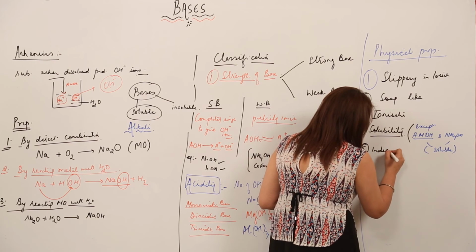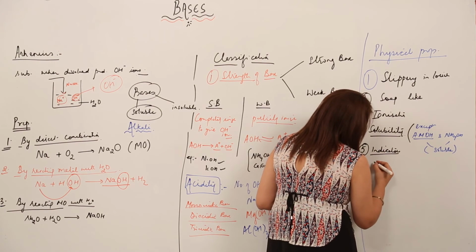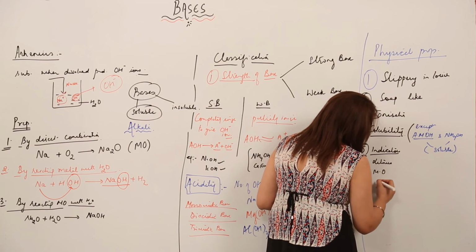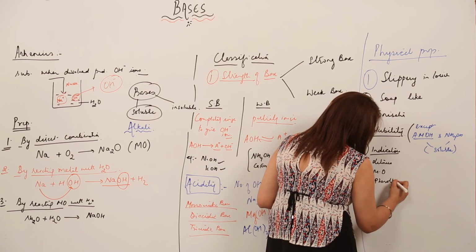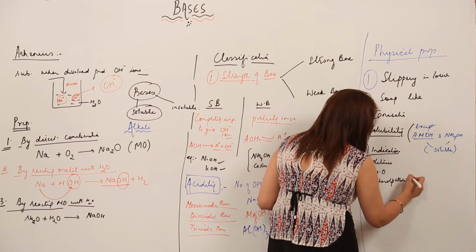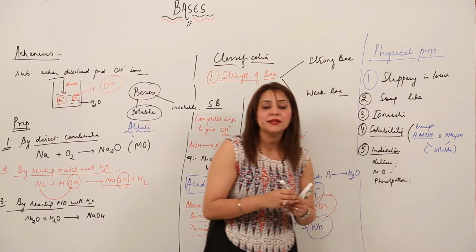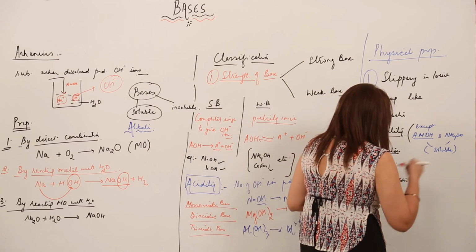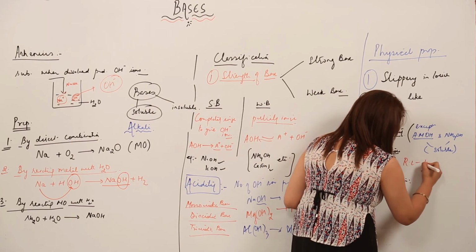Now, we will see the action on the indicators. When we talk of indicators, suppose I am talking about litmus, methyl orange, and phenolphthalein. What is the action of a base on these indicators? Bases turn red litmus blue.